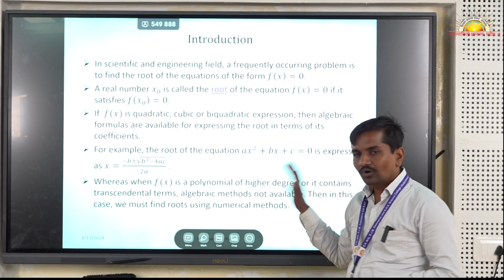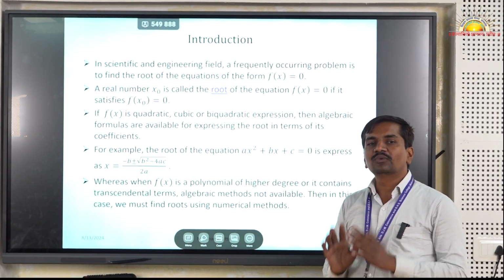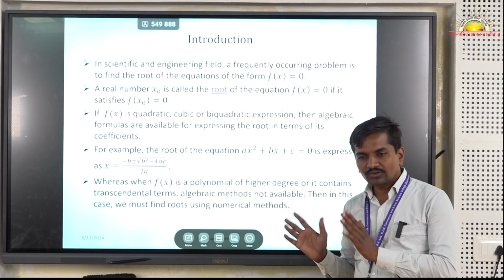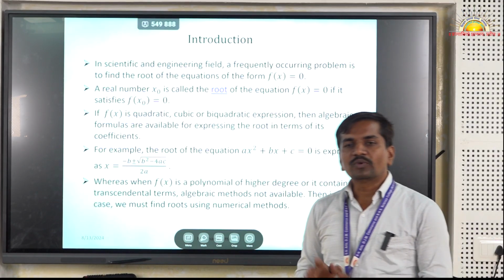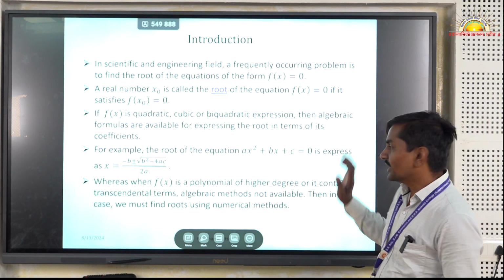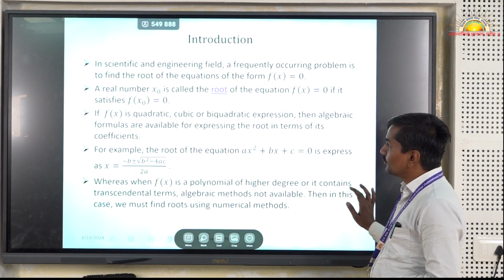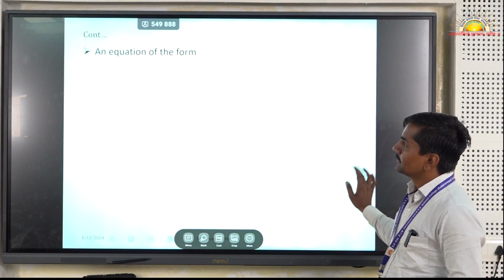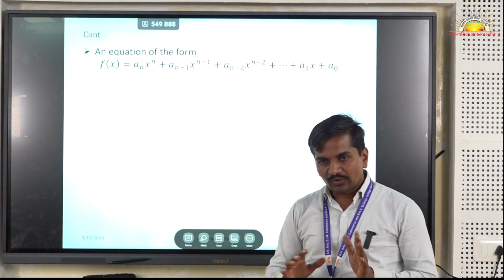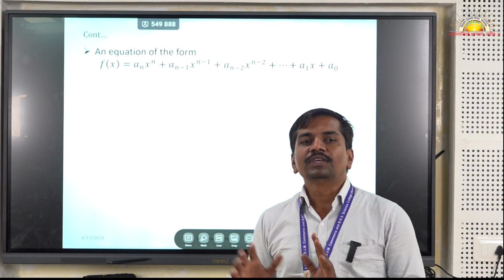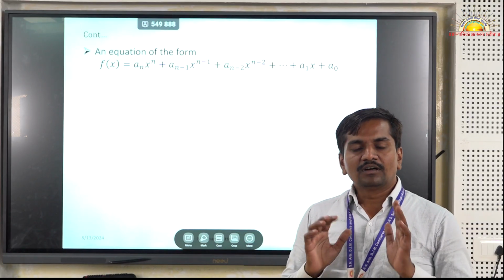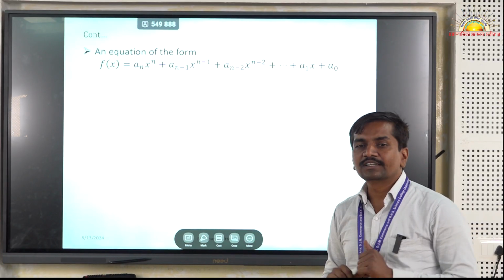Then there is no algebraic method or rational formula to find the root of such an equation, and therefore numerical methods are required to find the root of the equation, which is either an algebraic equation or a transcendental equation.